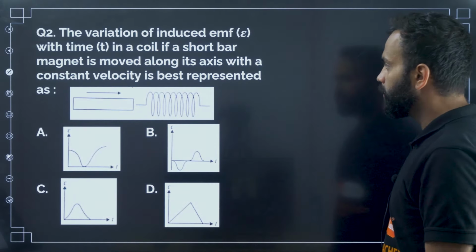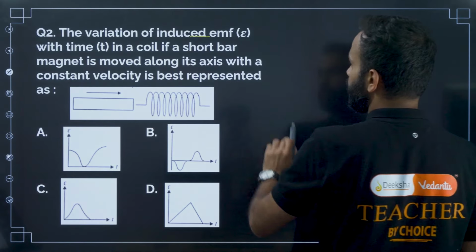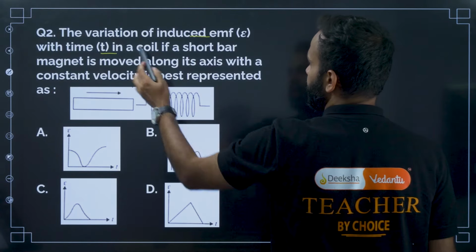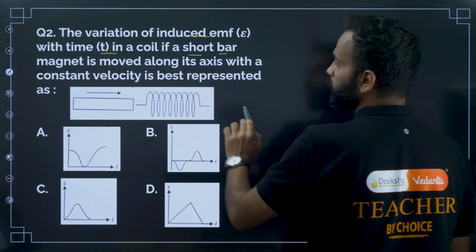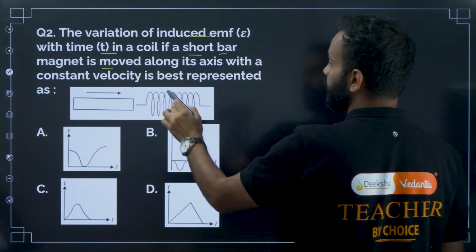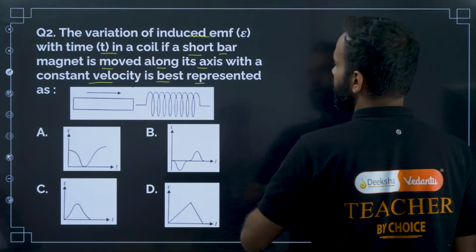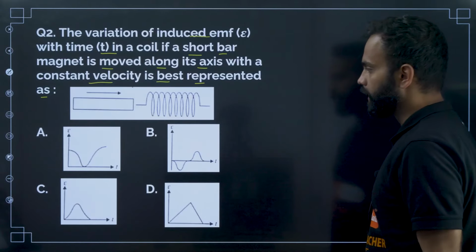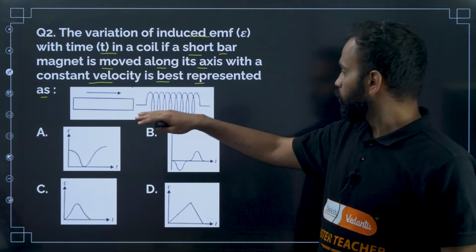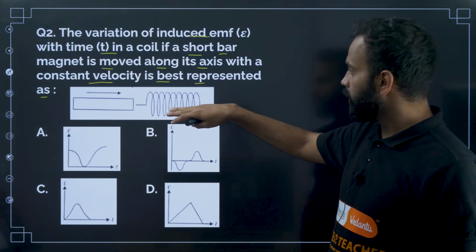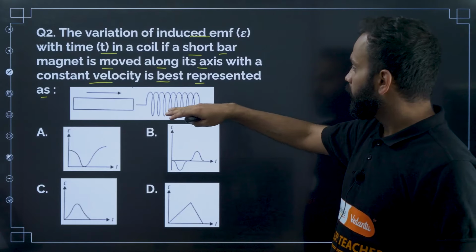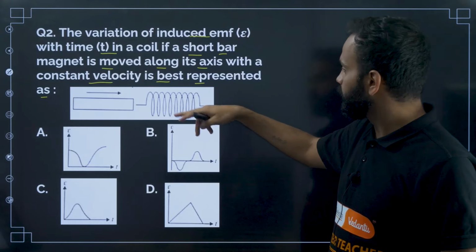Question number 2. The variation of induced EMF with time t in a coil, if a short bar magnet is moved along its axis with constant velocity, is best represented as. So this bar magnet moves inside this coil.